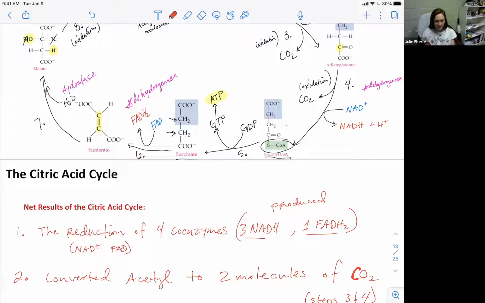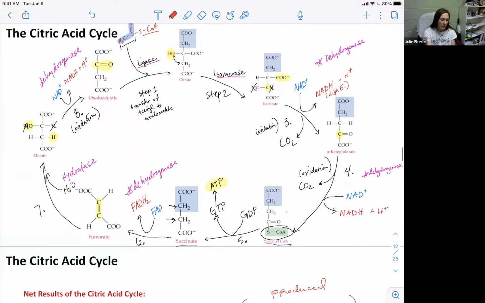I would want you to be able to tell me, we reduced the coenzyme FAD to FADH2, and a dehydrogenase is the enzyme that would catalyze this reaction. But if I want you to see the molecules, the intermediates, citrate, isocitrate, I will put those compounds on the exam for you. You won't have to draw those out.